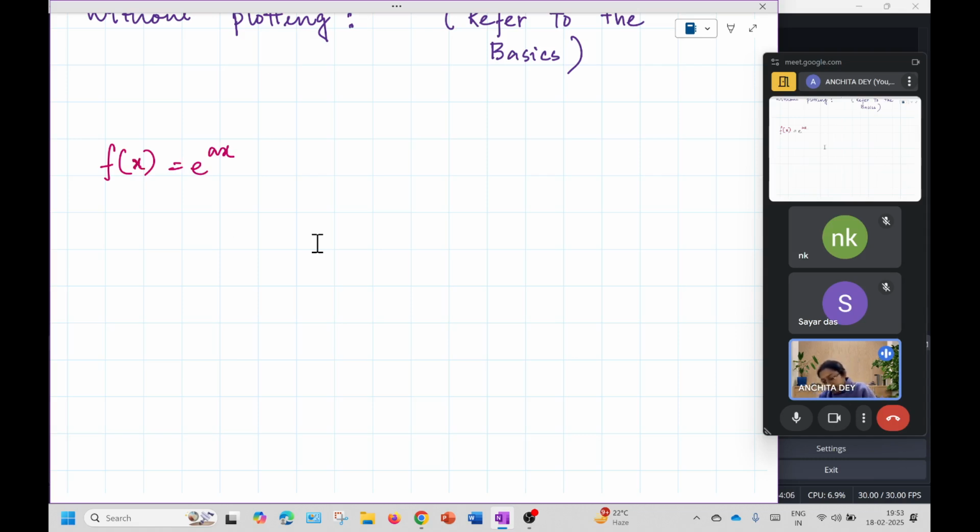So f dash x, if you recall, is same as writing the nabla symbol, so it is equal to a e to the power ax. And f double dash is a square e to the power ax, right?